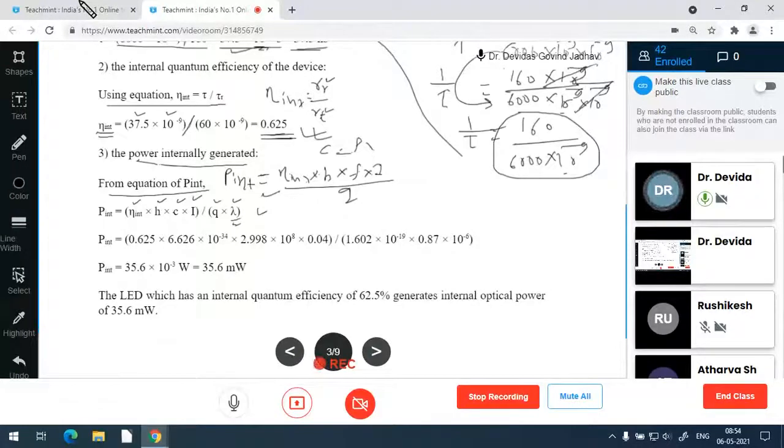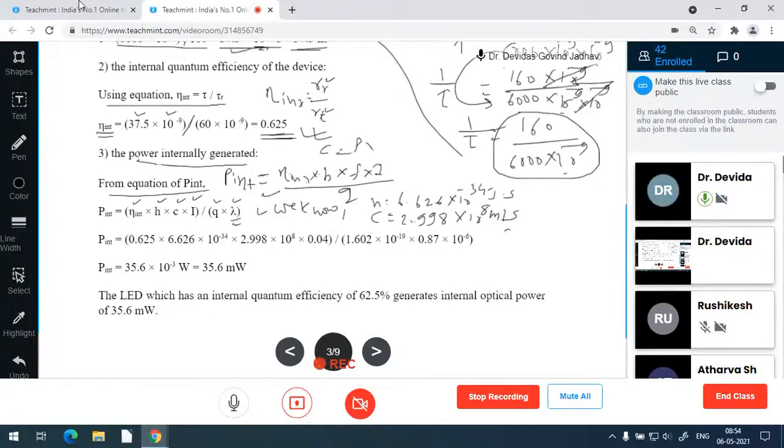So we know H is Planck's constant, 6.626 into 10 raised to minus 34 joule second. We know C is 2.998 into 10 raised to 8 meters per second.